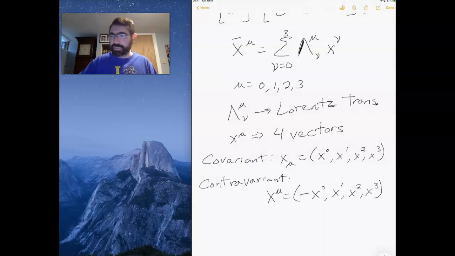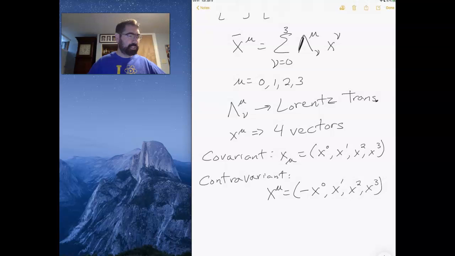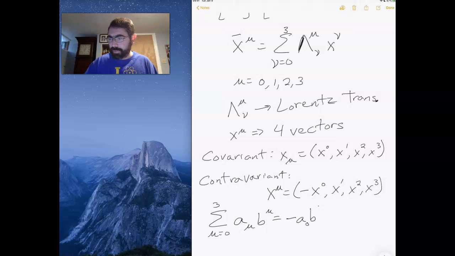Okay, the interesting thing now is when I take the dot product. The dot product, you'll remember, if we write it out with summations, is the sum over mu from 0 to 3 of a mu b mu, which in this case would give me minus a0 b0 plus a1 b1 plus a2 b2 plus a3 b3. And these are all indices.